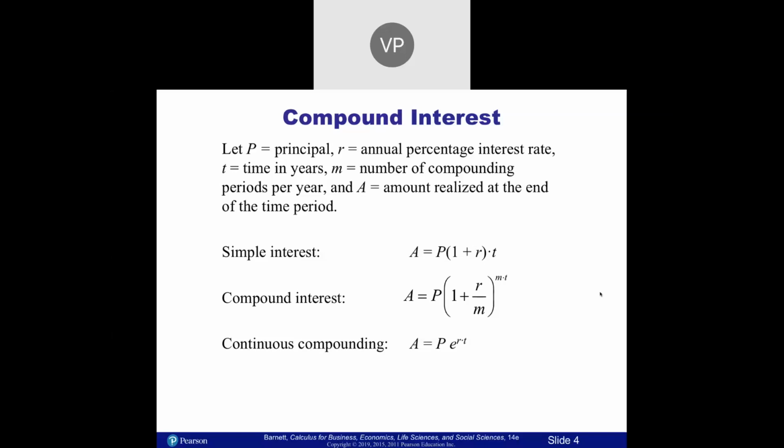If I'm doing it 2 times a year, I don't do 3.7 in June and then 3.7 in December. Because it's an annual interest rate, I cut that in half, so it's like 1.85 and 1.85. That total gives you a 3.7, but they distribute it out.